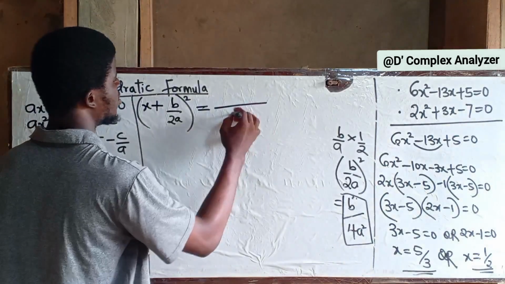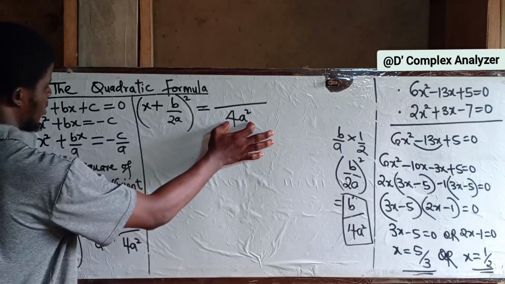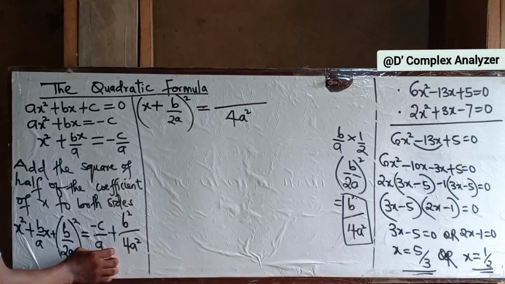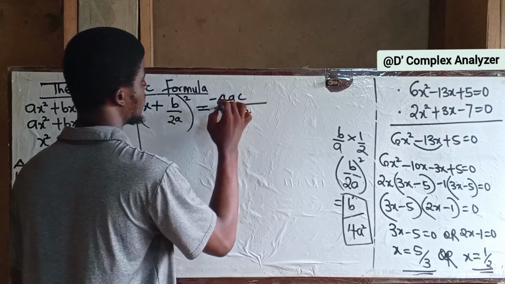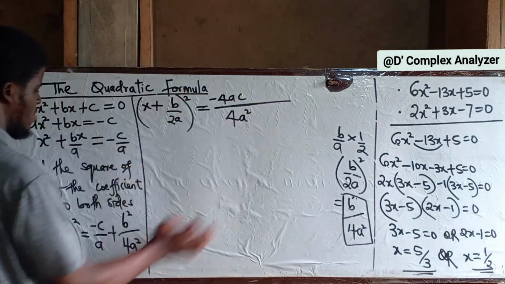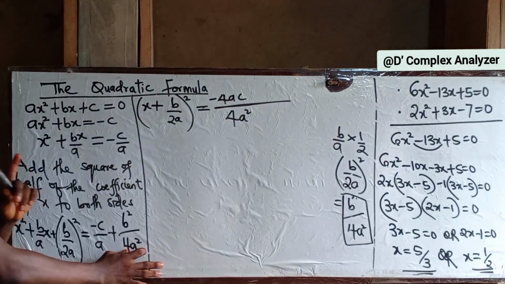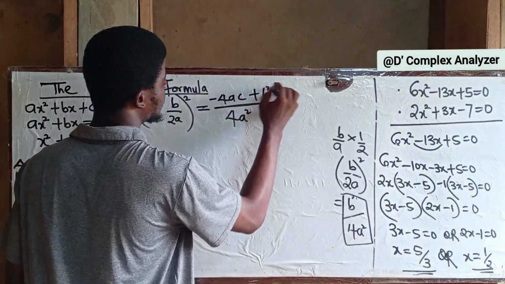The LCM is 4a squared. 4a squared divided by a is 4a. 4a times minus c is minus 4ac. That's 1. 4a squared divided by 4a squared is 1. 1 times b squared is b squared.